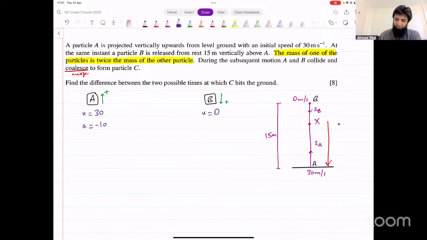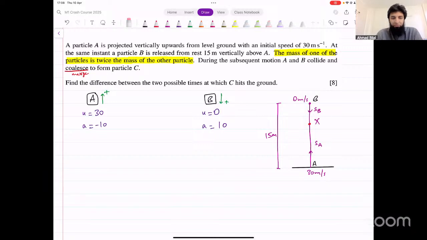And what else? Acceleration. It's also free fall. Acceleration for B is going to be +10 because we're taking downwards as positive for B. Gravity is also acting downwards. Okay.